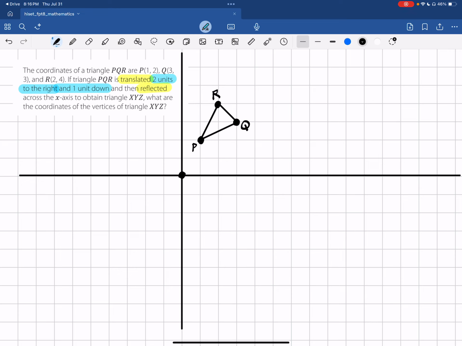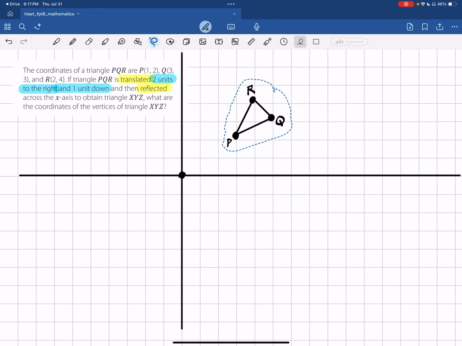Then it says the triangle is translated or moved. Let me just show you. I may be messing up here, but here's what translation means. I'm going to pick it up and I'm going to move it 2 units over. Here we go. And then 1 unit down.